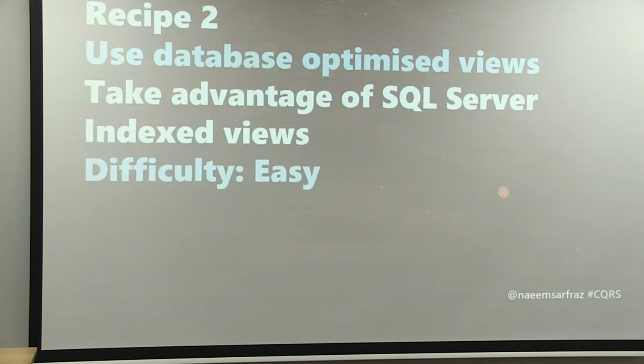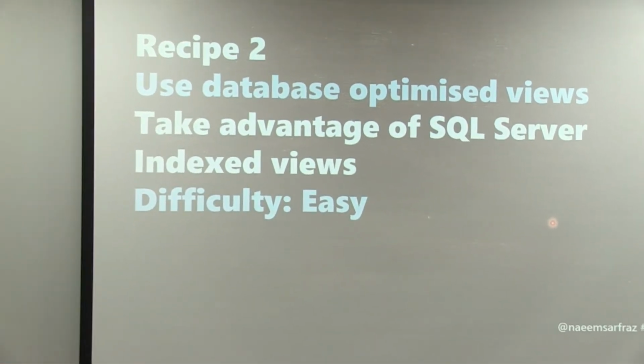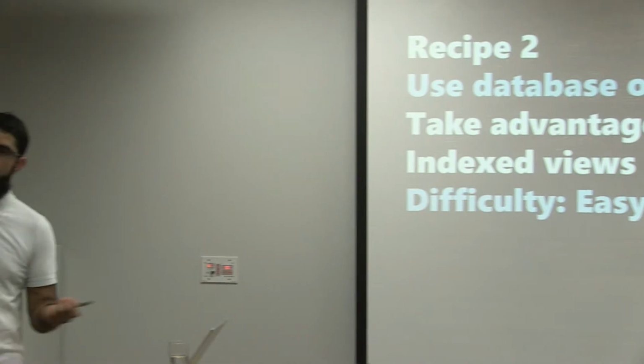Recipe number 2: once I've got this separation, I could leverage features within my database and take advantage of the fact that data could be read a little bit quicker. For example, within SQL Server, rather than writing queries directly against tables, I could create something like an indexed view. Then SQL is doing some optimization for reading back that data.